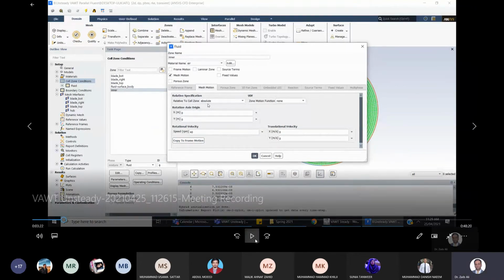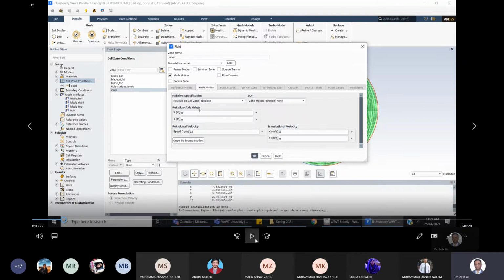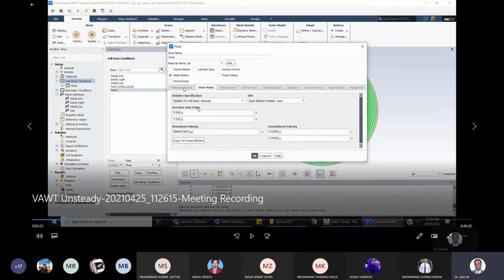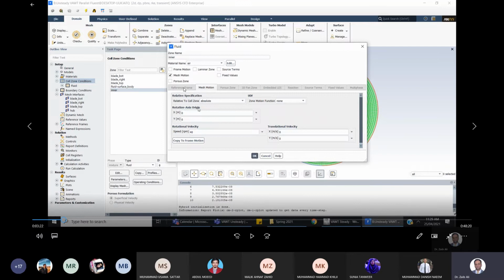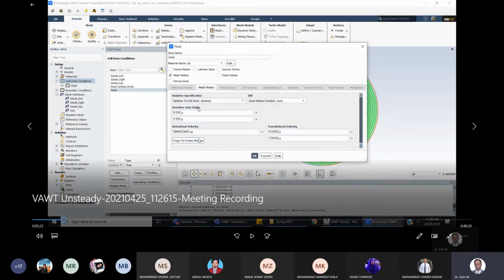Now we are telling the solver that our mesh is also in motion or moving, and whatever the properties for the moving frame of reference, just copy those properties or values to the mesh itself. We are telling it, okay, move the mesh also with the speed of 40 rpm.